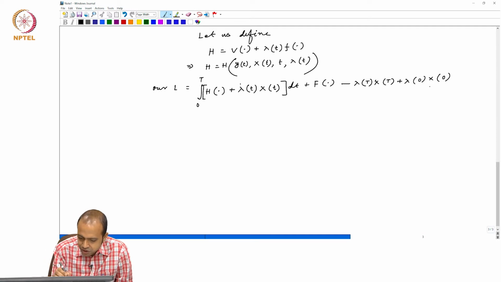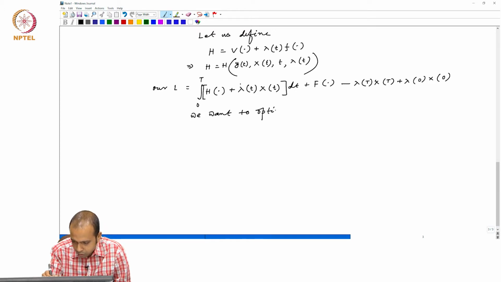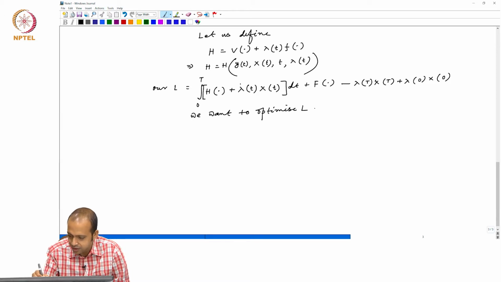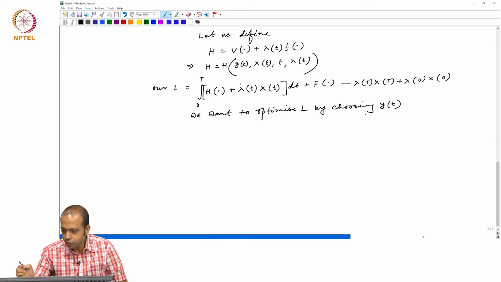So, what is our objective? We want to optimize L by choosing what is our control variable? Y t, okay, by choosing y t, that is our control variable.